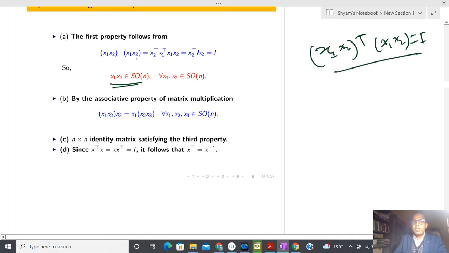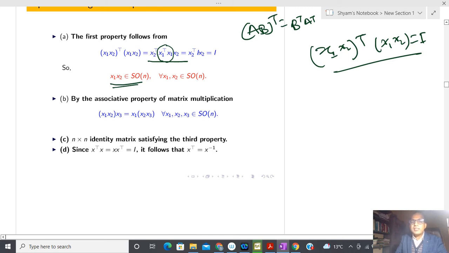Same kind of thing you can see here: x1 x2 transpose and x1 x2. You know that AB transpose equals B transpose A transpose, and due to that I can write it like this. And since x1 and x2 are elements of the orthogonal group, also special orthogonal group, R transpose R equal to identity.